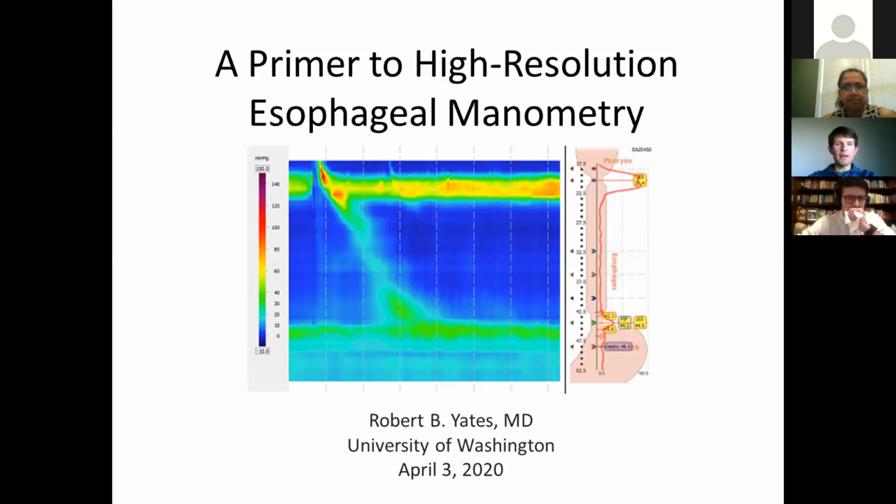So I'm hoping to give just a basic background on what high resolution manometry is and how to approach these studies when you're given a report. I'm not going to go into a lot of detail. In fact, I'm not going to touch at all on how to actually conduct the studies in the programs and that sort of thing. But I do want to give some good background that'll give you a basic foundation to approach these studies.